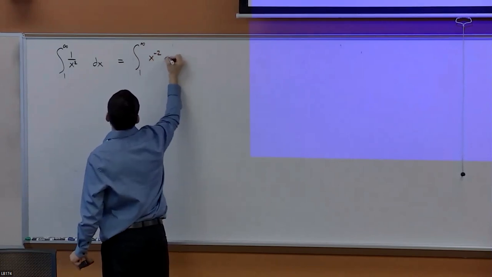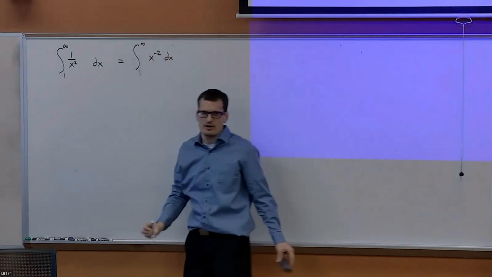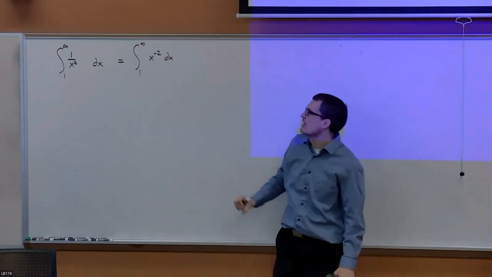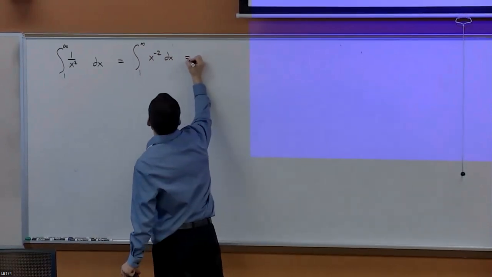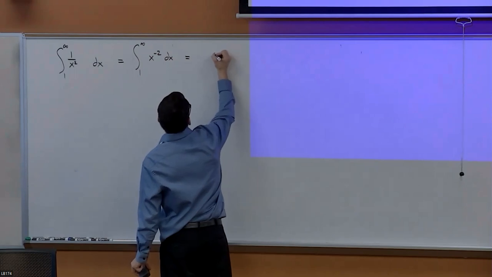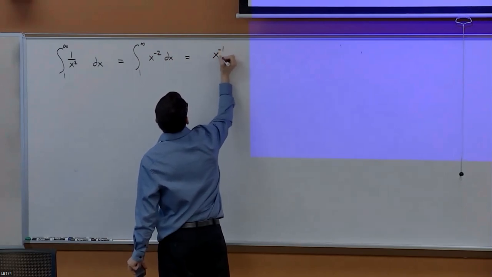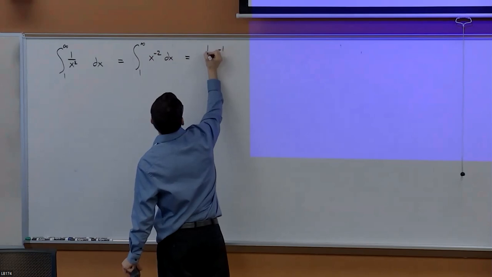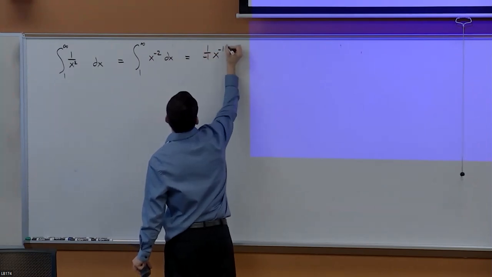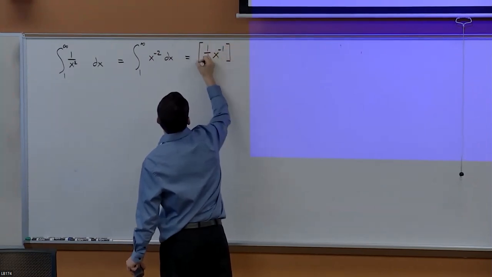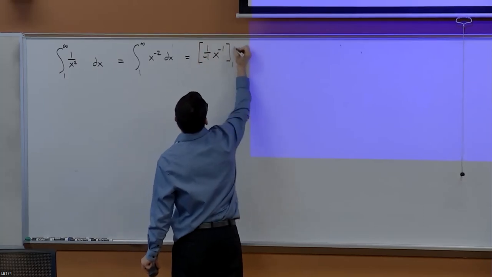This is x to the minus 2, integrated from 1 to infinity. When I take an antiderivative, I have to add 1 to the exponent and then divide by my new exponent.